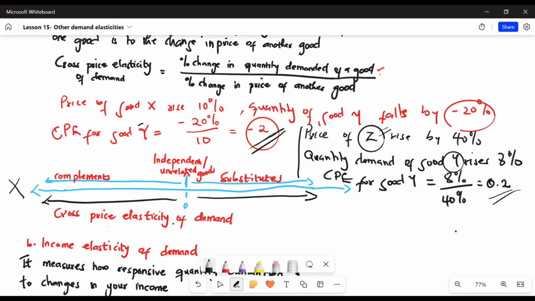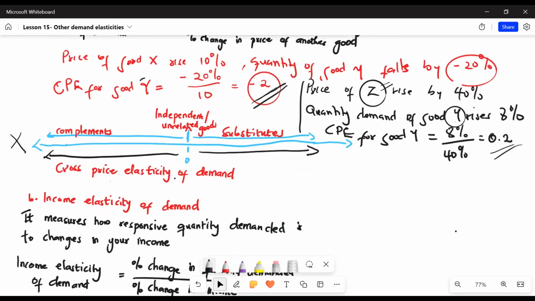You do not buy one in place of the other. So the price increase of one will not affect the quantity demanded of the other. Now this is it for cross price elasticity, which is how responsive your quantity demanded is to changes in the price of a related good.